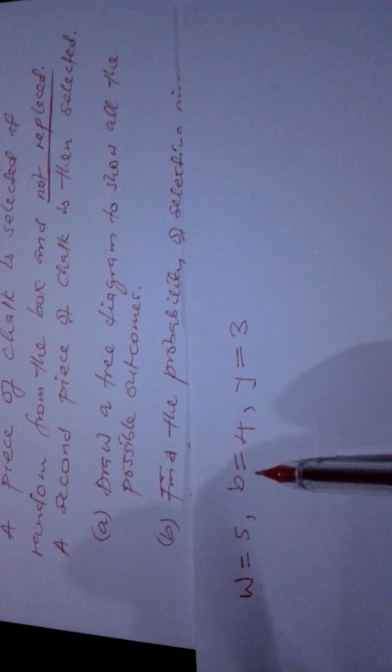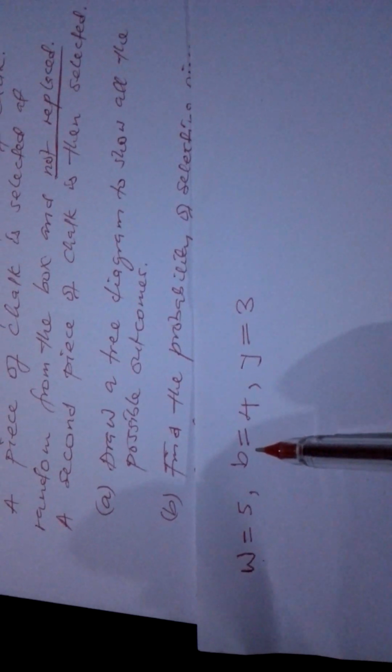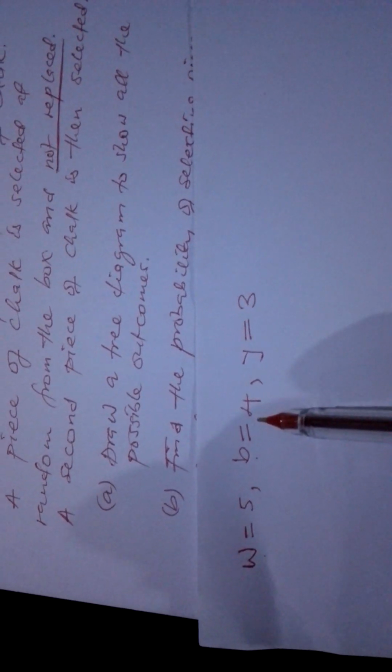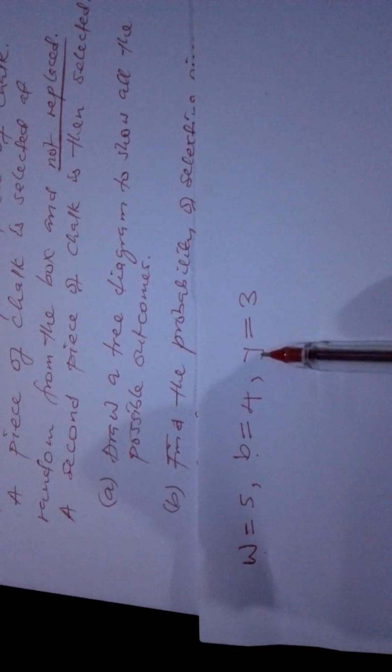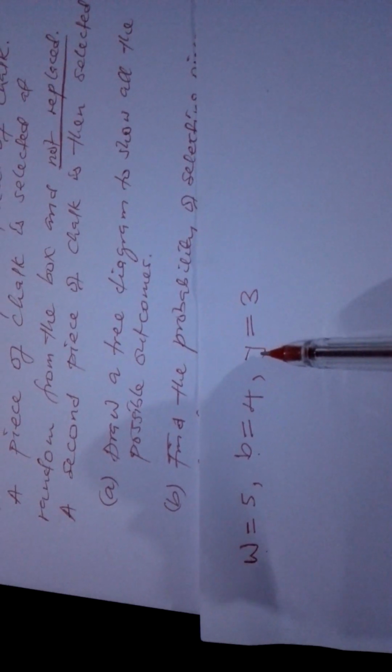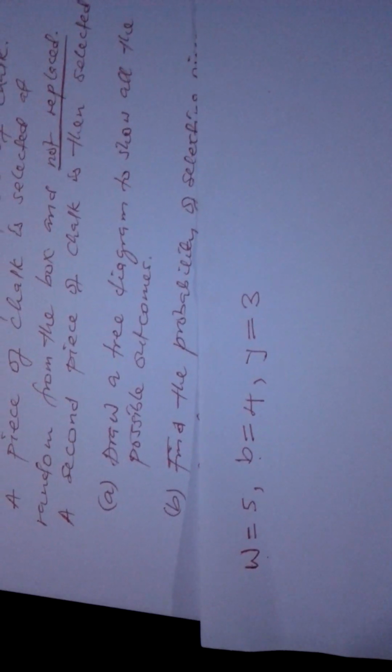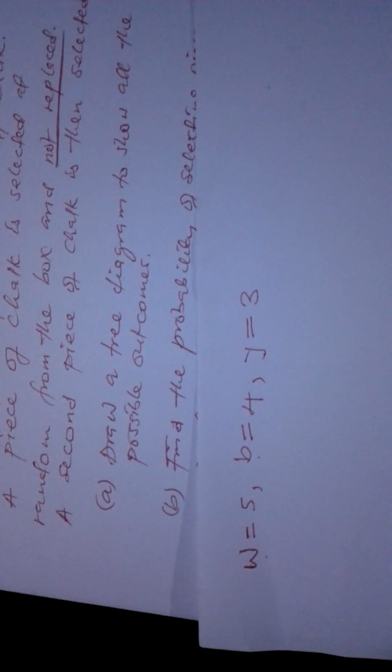The second branch of the tree diagram will be represented by B, representing blue pieces of chalk. The third one will be represented by Y for the third branch in the tree diagram.